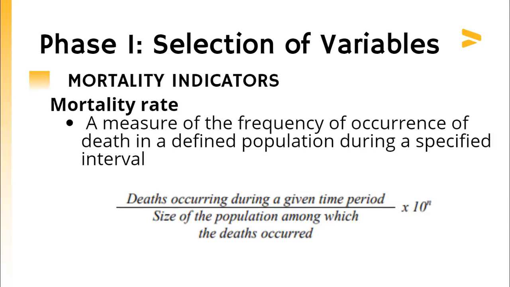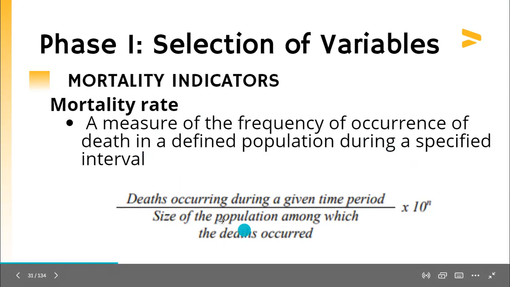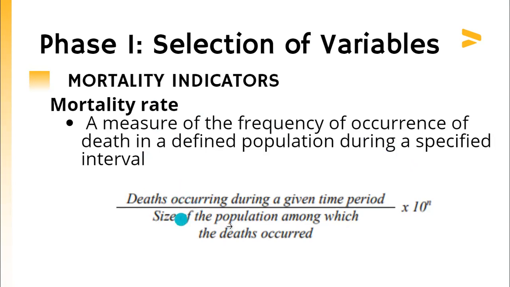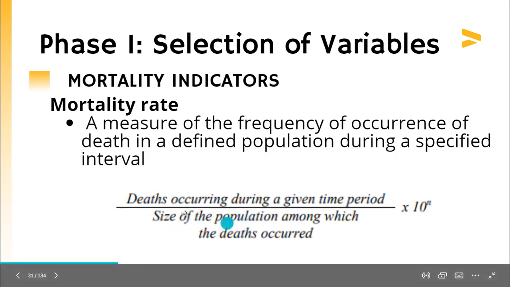When we talk about mortality, we're talking about the number of deaths which have occurred, and then we compare that number of deaths with the total number of population among which the deaths have occurred, and then we multiply it by a factor.